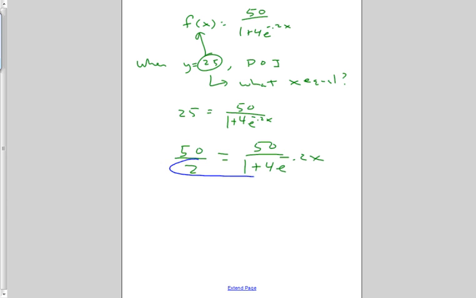So now we can just set those equal, since the numerators are equal, the denominators must be equal. So we get 2 equals 1 plus 4e to the negative 0.2x.